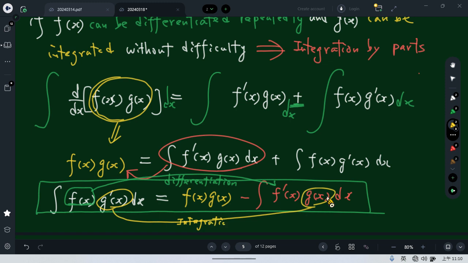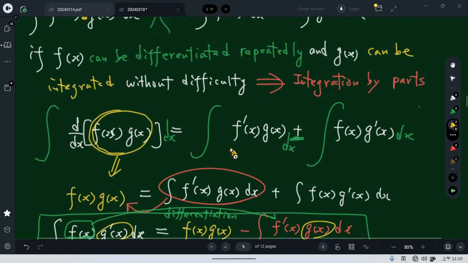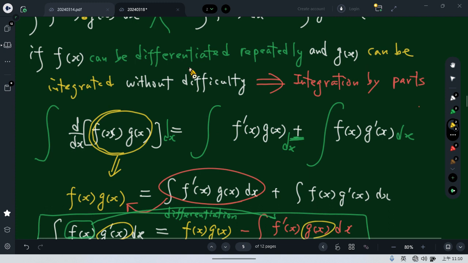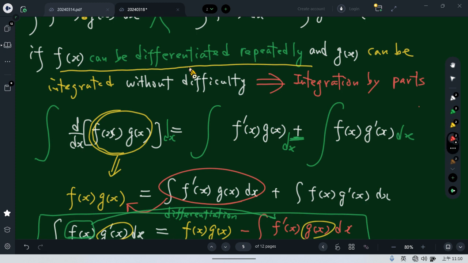So that's why we say, if you encounter two terms multiplied together and you want to calculate the integral, f of x should be differentiated repeatedly, and g of x also needs to be integrated repeatedly without difficulty. Because sometimes it's not that easy to get the integral form.